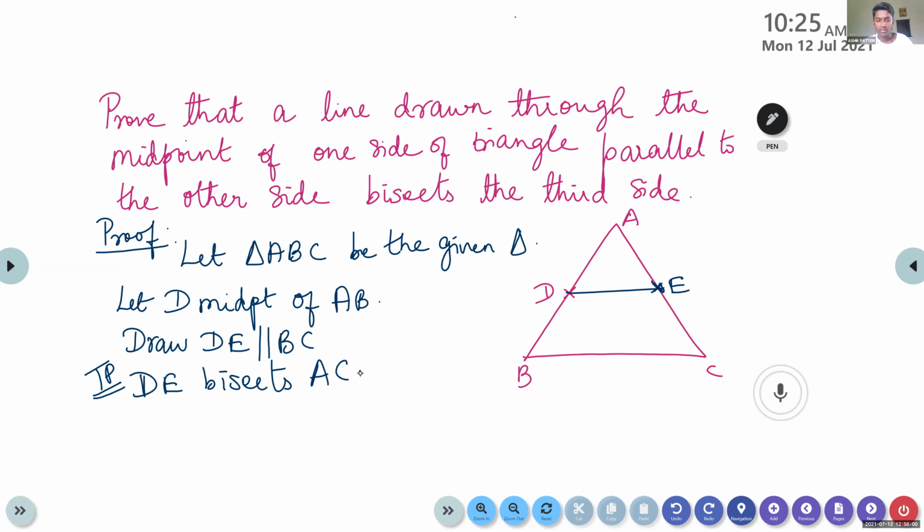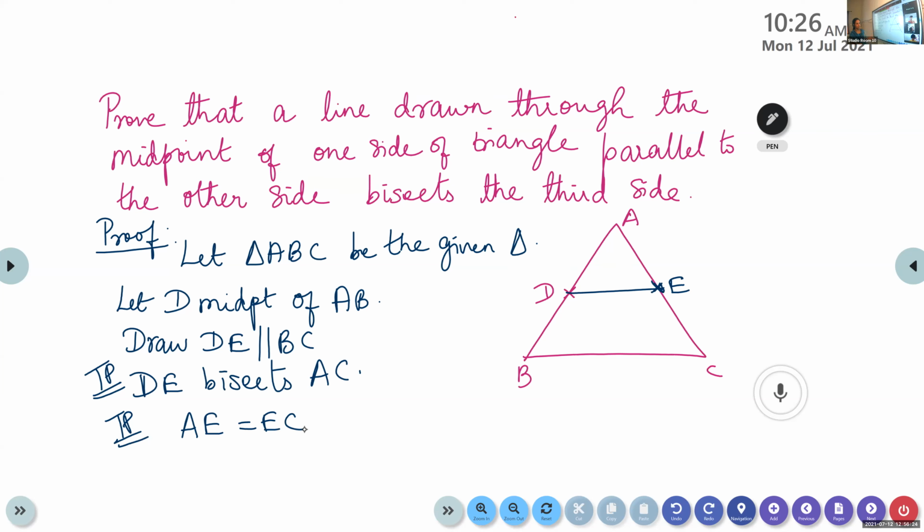Cutting into two equal parts. Bi means two, sect means parts. So we have to prove AE is equal to EC.